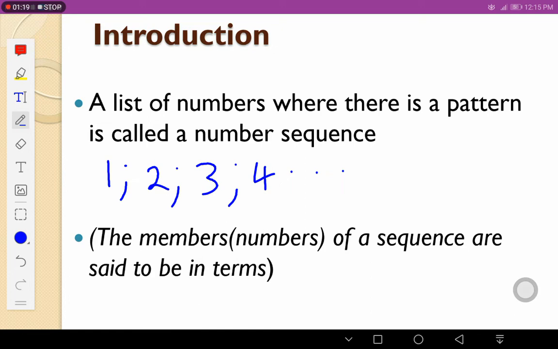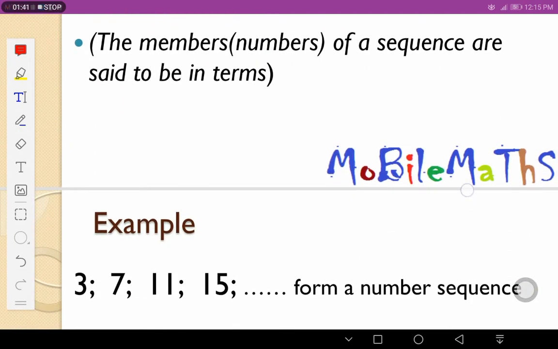This is a pattern, and we can call this a sequence. We call it a sequence because the members or the numbers of a sequence are also called terms.